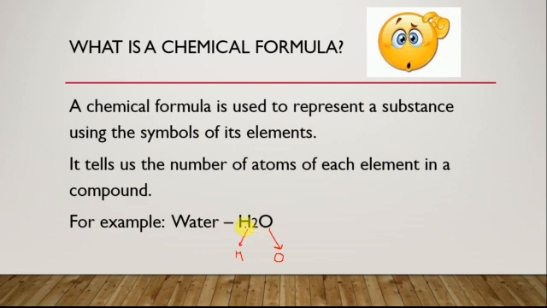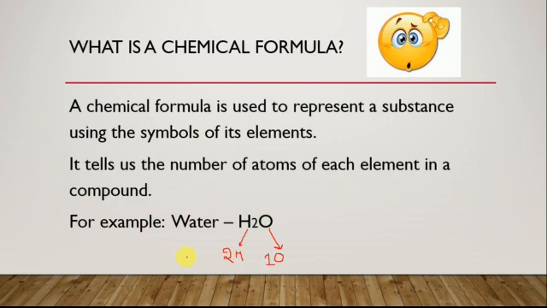So again, by looking at the chemical formula, we come to know the number of atoms. For example, the formula of water is H2O. This indicates that there are two atoms of hydrogen, and there is no number after oxygen, which indicates that there is only one atom of oxygen.